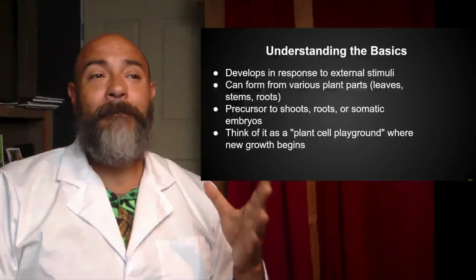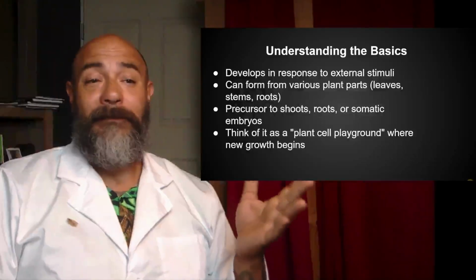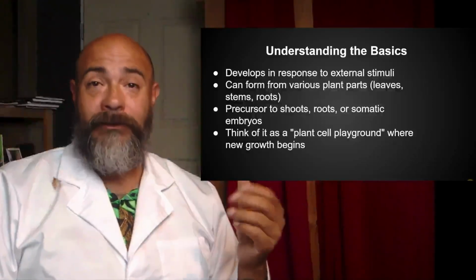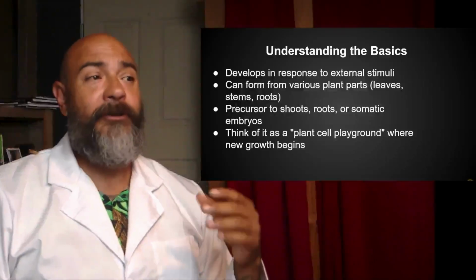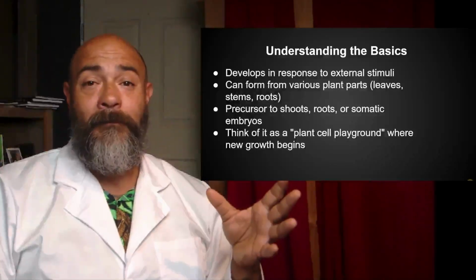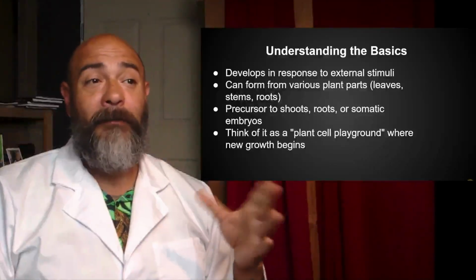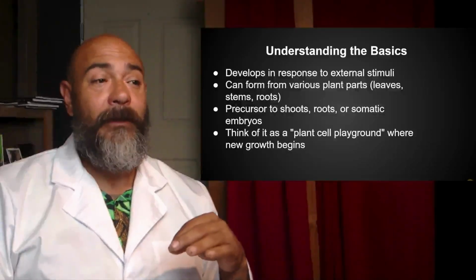So let's talk about the basics of callus tissue. Well, it develops in response to external stimuli, which are your PGRs, your light, your temperature, things like that. You can form it from multiple parts of the plant. Almost any part of the plant can form this type of tissue.